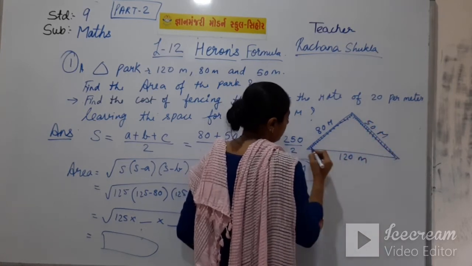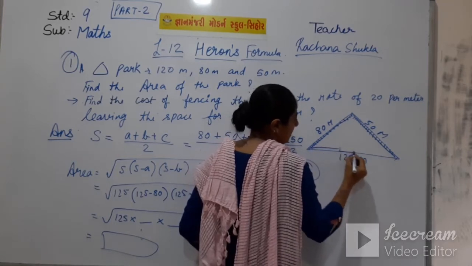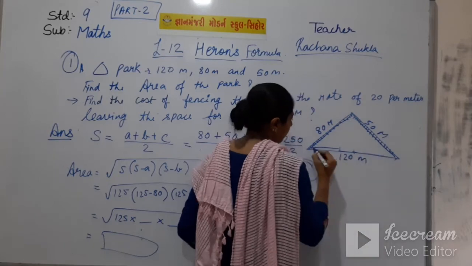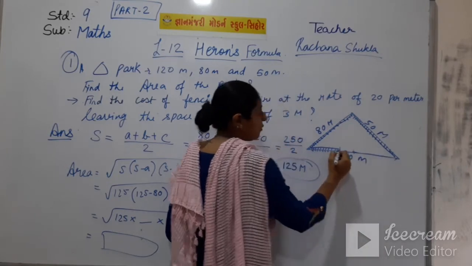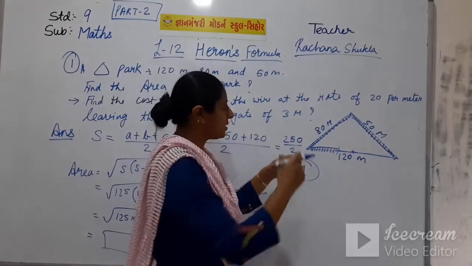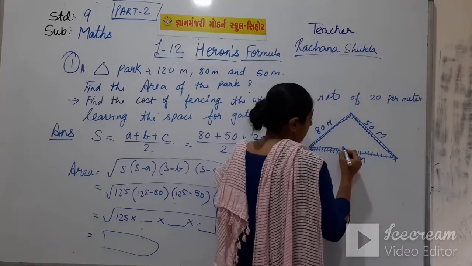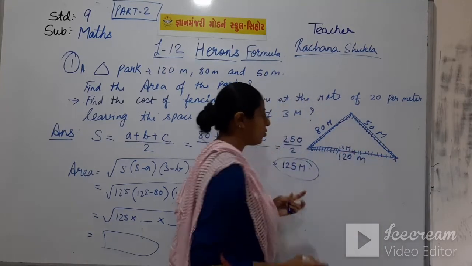See, like this way. But here you will leave a space of 3 meter for the gate. All of you know that at the gate area you don't fence the wire. Fencing is done in the boundary wall. So gate is left open. 3 meter space is left open.